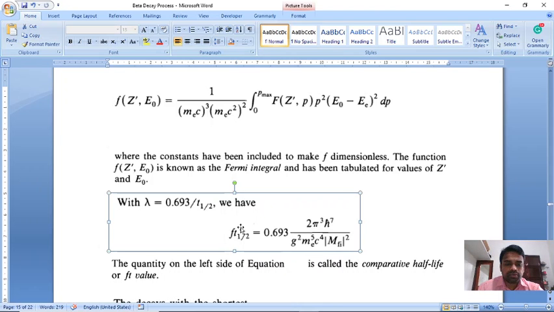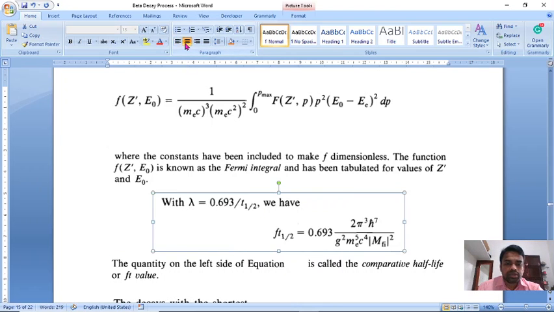This quantity f of t half is known as the comparative half-life or ft value.